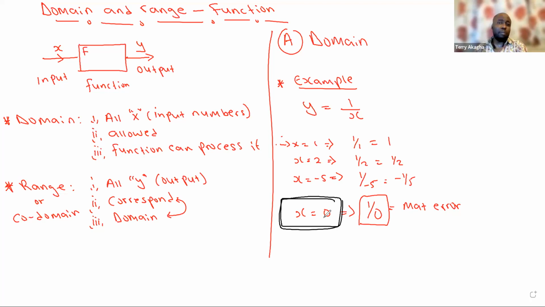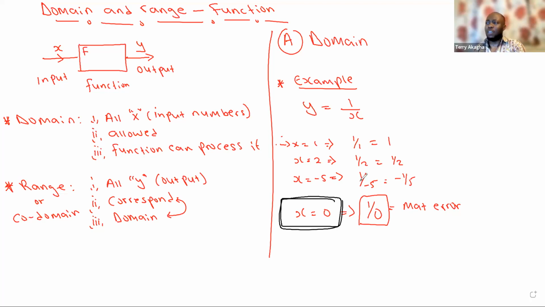So domain is all the input numbers of x that are allowed, that you can plug into the function, and the function can process it. While the range is a collection of all the numbers of y that can correspond to the numbers of the domain. I also gave a brief example about a domain.